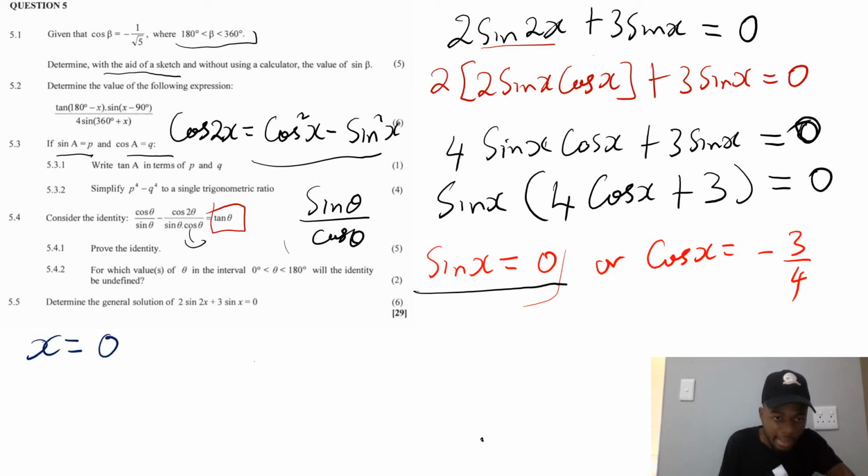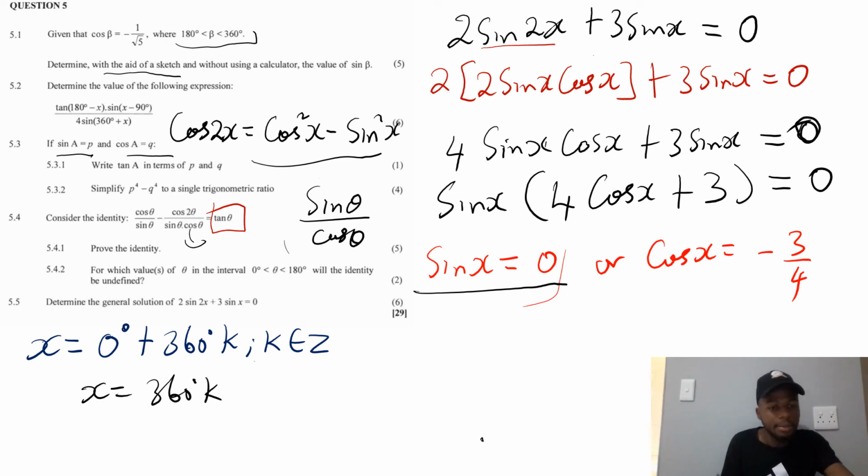So x equals 0 degrees plus 360 multiplied by k, k an element of all integers. Or even if you don't write 0 degrees, because if you add zero, nothing changes, you can write x is equal to 360k, then you write k an element of all integers. But even if we have written 0 degrees, it doesn't mean we are wrong.